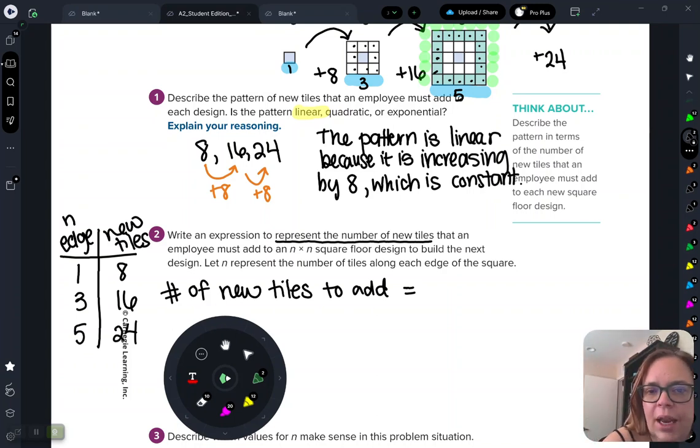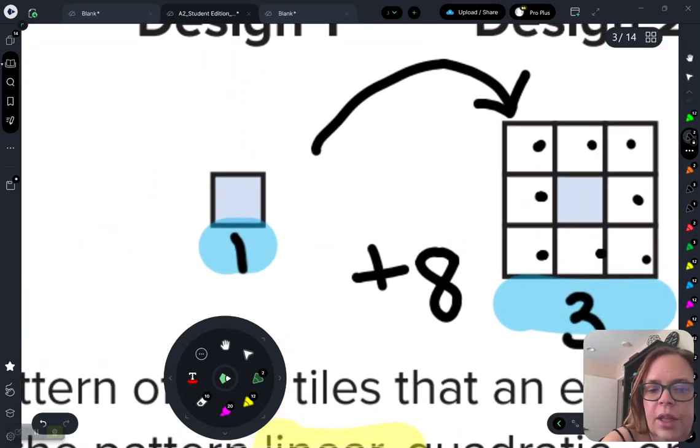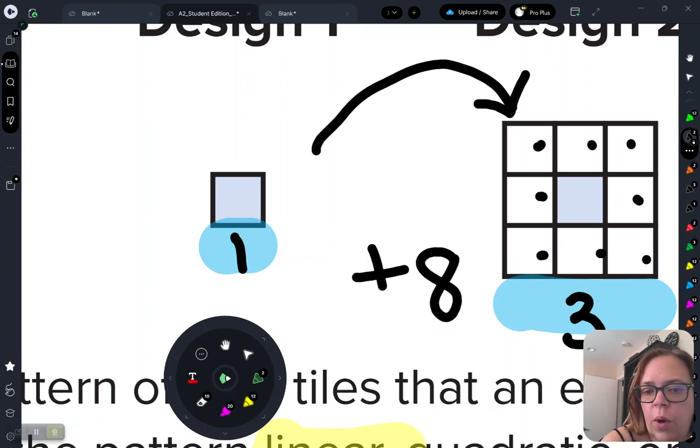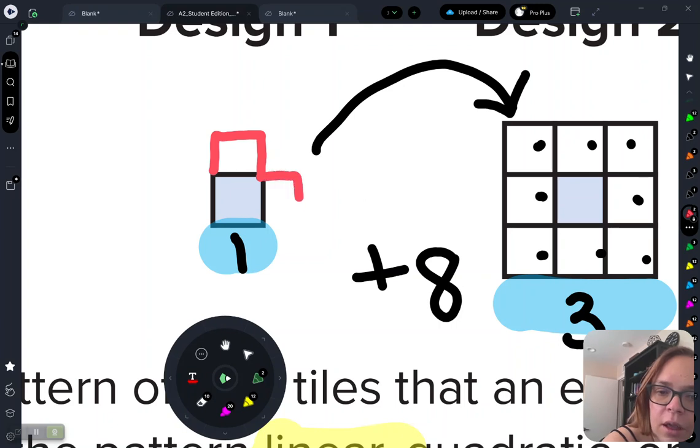Why? What's happening? So I want you to imagine this first design, the edge 1. Where did the 8 come from? Well, there needs to be one here, here, here, and here.